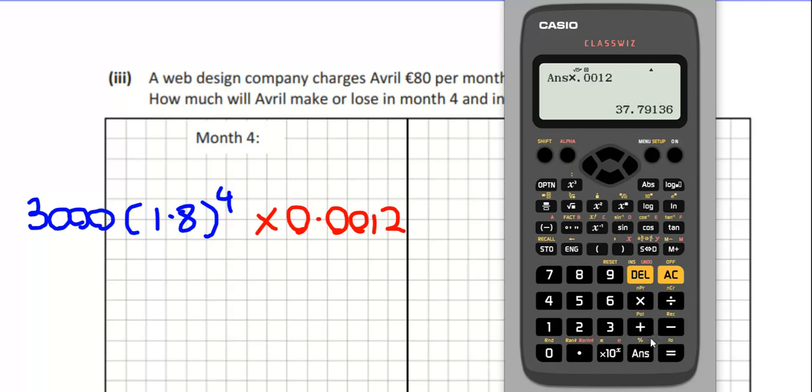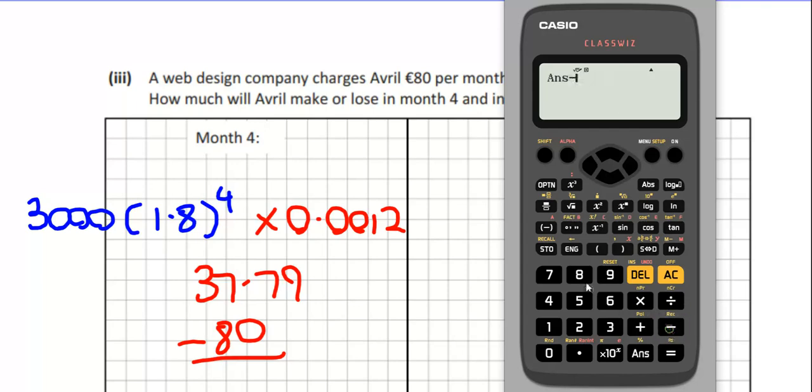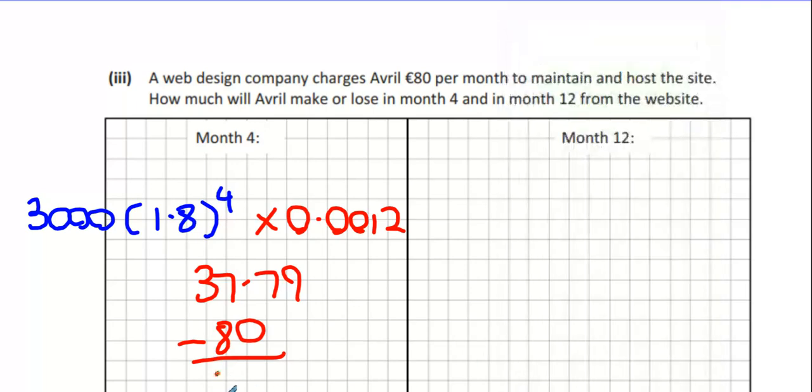I get €37.79. And unfortunately for us, we had to pay 80 quid a month. So we're going to take away our 80. €42.21. We lost.